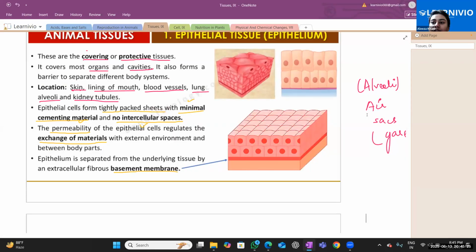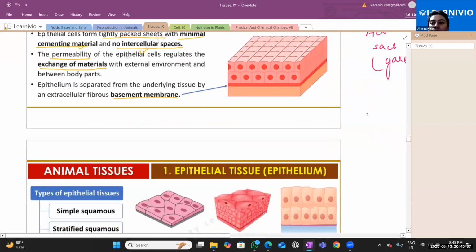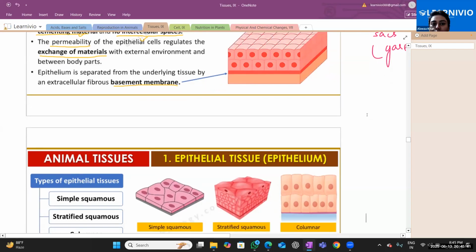There are no intercellular spaces between the layers, and since they are permeable, there must be exchange of materials, and they have the basement membrane upon which they have other layers also.